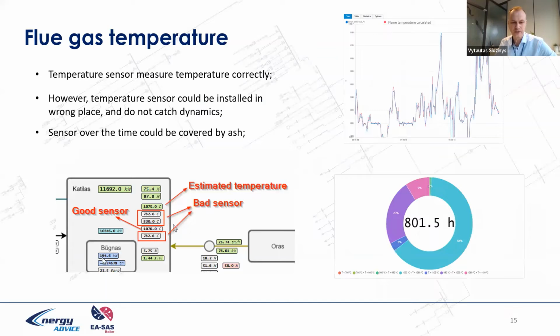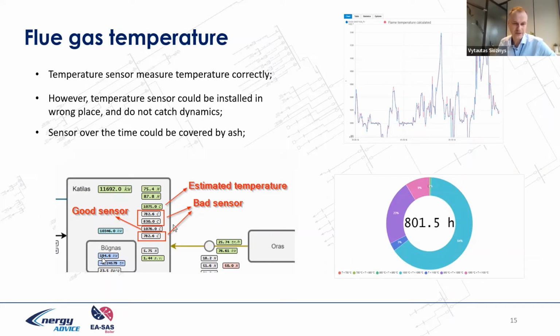Coming to the next slide, it is about the temperature. Here is another real example from our boiler, the EA-SAS boiler solution. You can have extra metering of flue gas temperature inside the boiler, but some meters could fail and show you a lower temperature than actually exists.